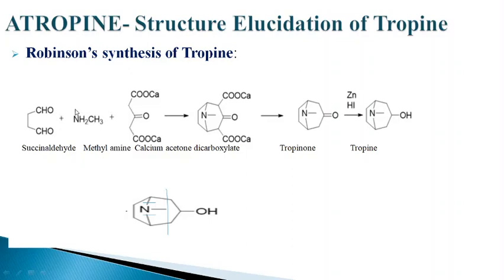The double Mannich reaction yielded this intermediate compound, which on heating underwent decarboxylation, converting it into tropinone, and tropinone on reduction with zinc and hydrogen iodide yielded tropine. So by two or three simple steps we got tropine as our product. This is the Robinson synthesis, a simple synthesis yielding our product. So the structure of tropine is confirmed by this synthesis.